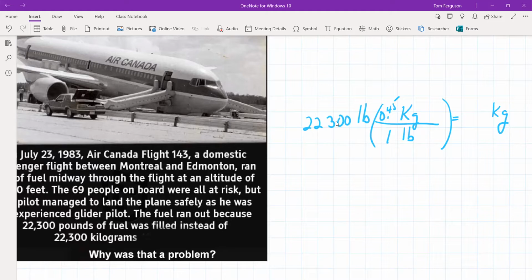Instead of 22,300 kilograms, we really put in the equivalent of 10,035.